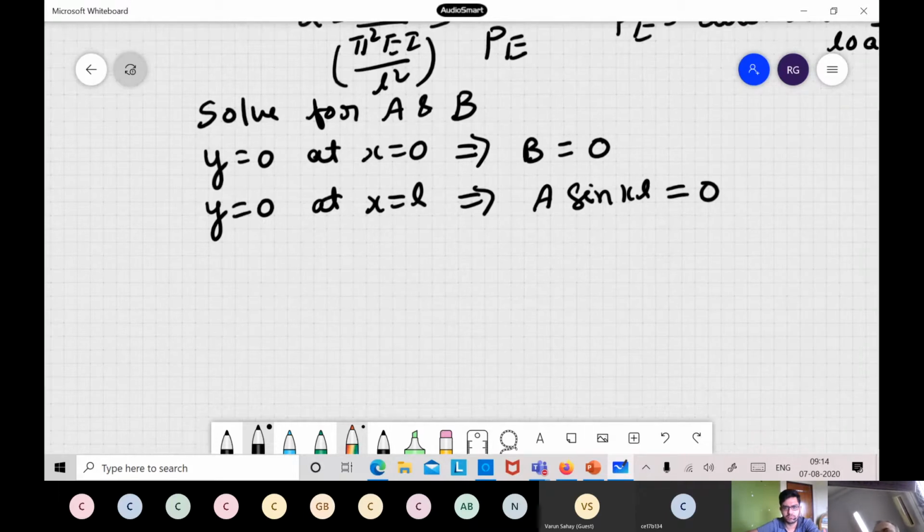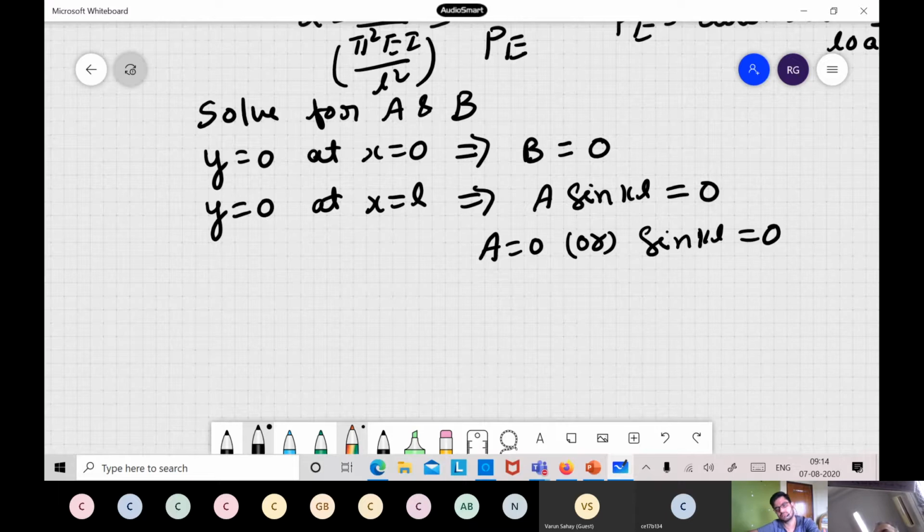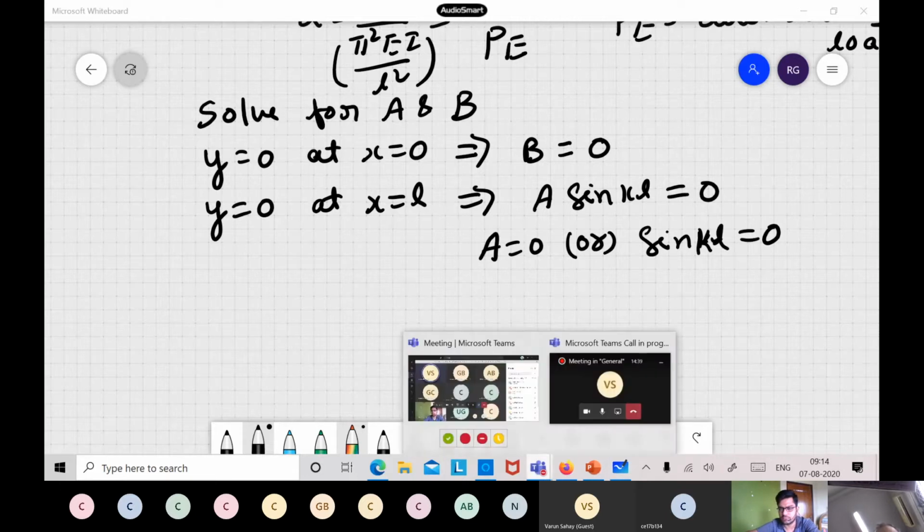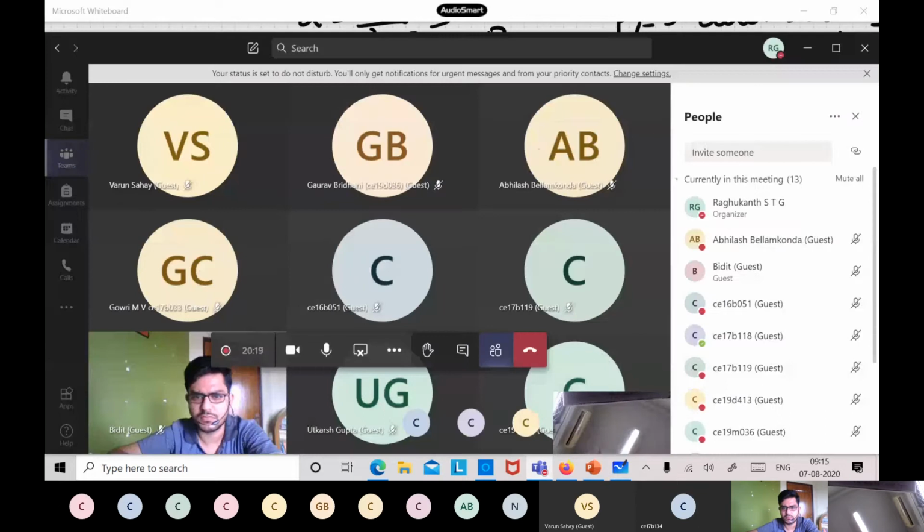Here there are two solutions. One is a can be 0, or sine kL is equal to 0. What happens when sine kL is equal to 0? This is a crooked column.